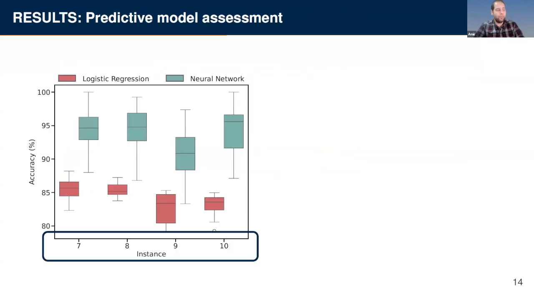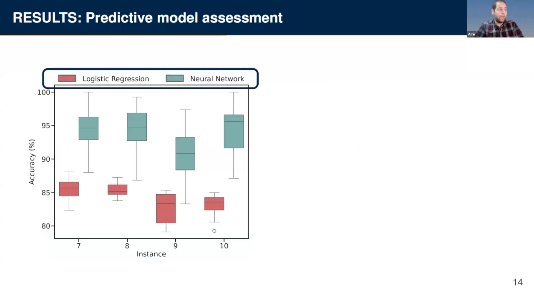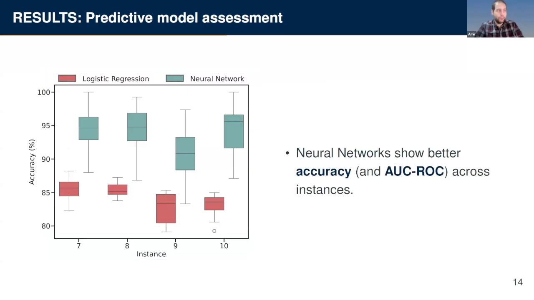I've actually reported four of the larger ones. You can see that for these larger instances, the neural network achieves significantly better performance, with a median of around 95% accuracy.